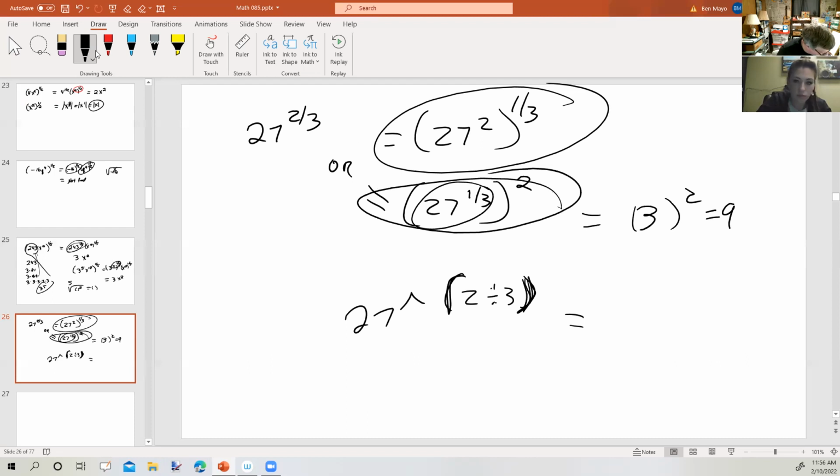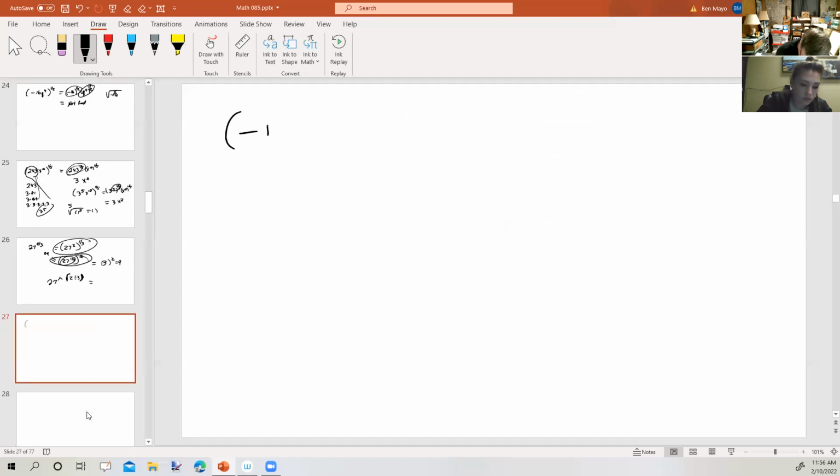Okay, let's see here. Negative 125 to the 4/3 power. So I'm raising negative 125 to the 4th power, and I'm taking the cube root. Or I could take the cube root of negative 125 and then raise it to the 4th power.